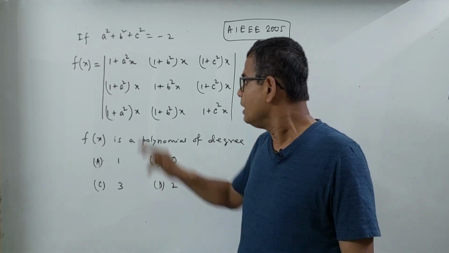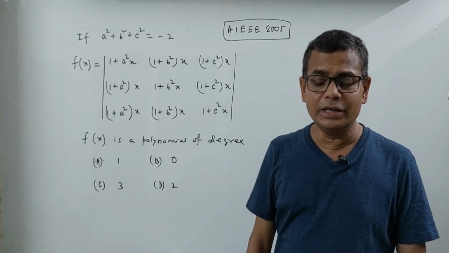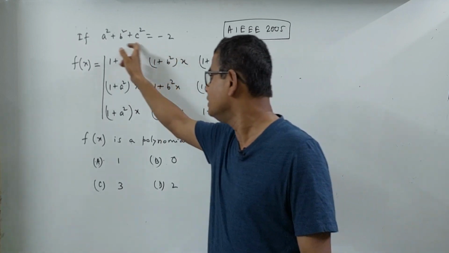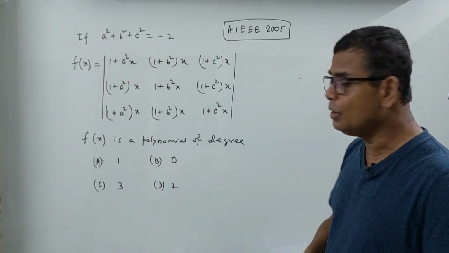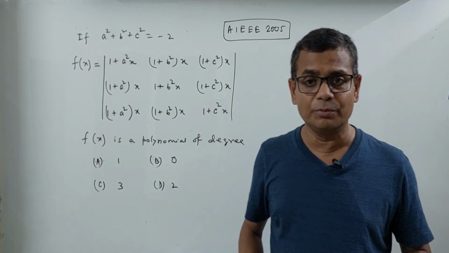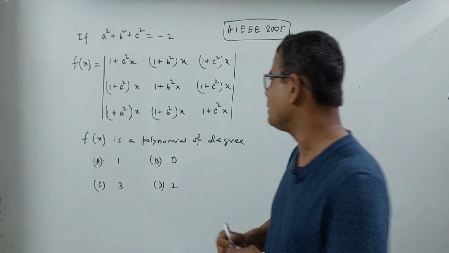Which of the following 4 options is correct here? Now, if we assume a square equal to 0, b square equal to minus 1 and c square equal to minus 1, this relation is true, you know. So, we put a square equal to 0, b square equal to minus 1 and c square equal to minus 1.